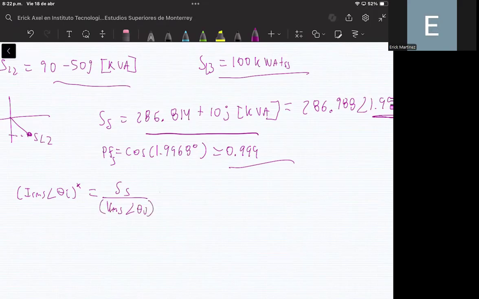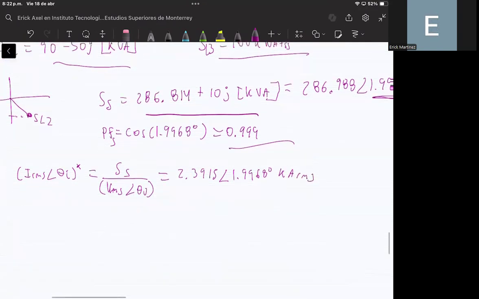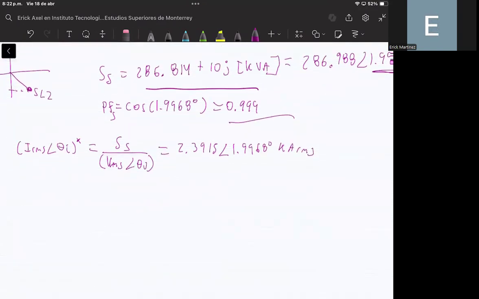This is equal to 2.3915 with an angle of 1.9968 degrees kiloamperes RMS. But this is the conjugate of the current.